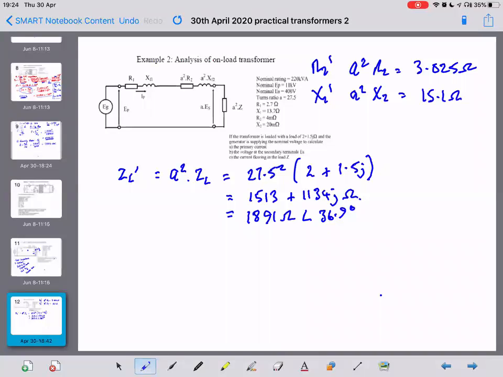Here we go. I've calculated up the top here R2 dash, by multiplying A squared by R2, 3.025 ohms, and X2 dash, 15.1 ohms.